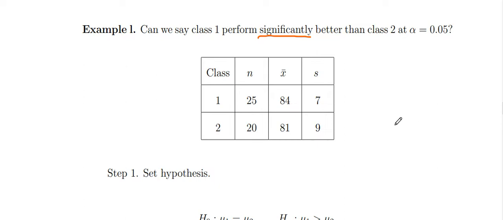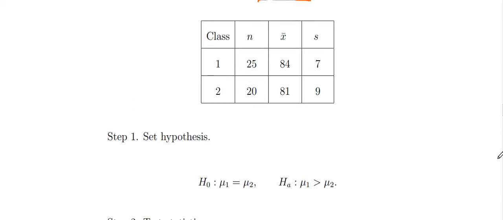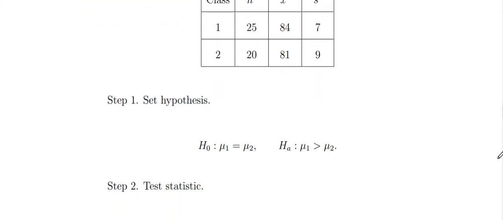For each sample, we have the sample size n, sample mean x bar, and sample standard deviation s. So we have this information. Now the hypotheses: H0 is mu1 equals mu2.